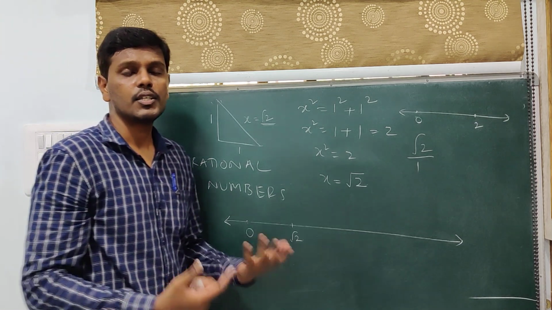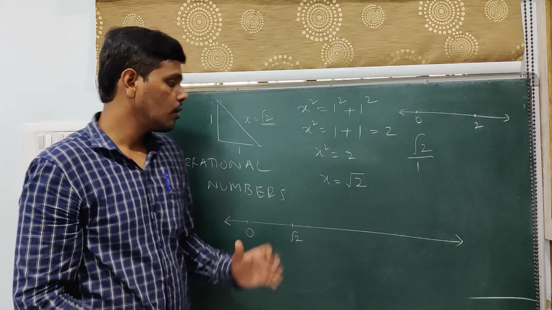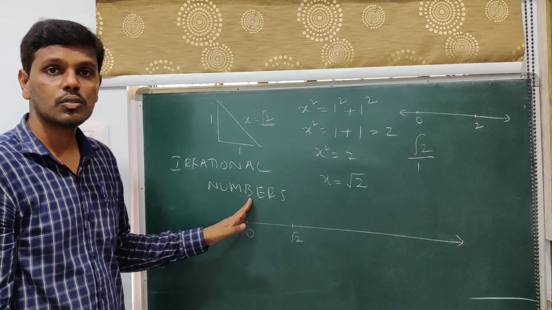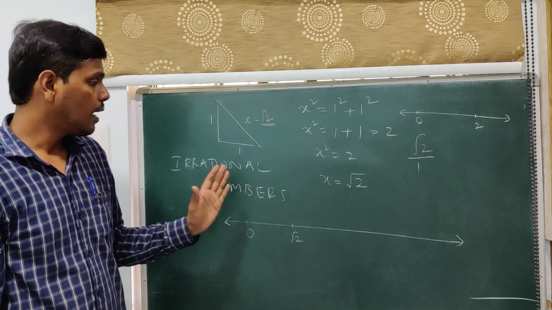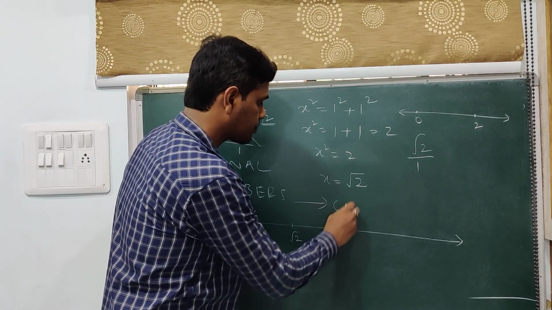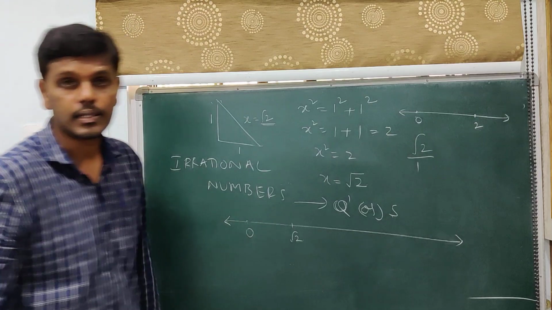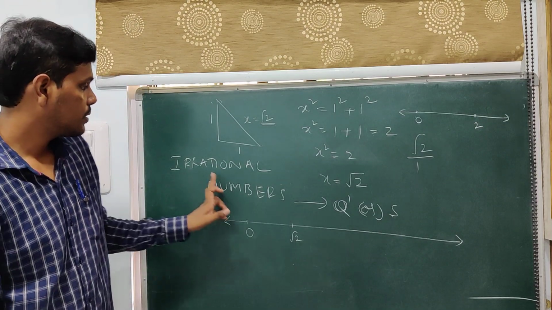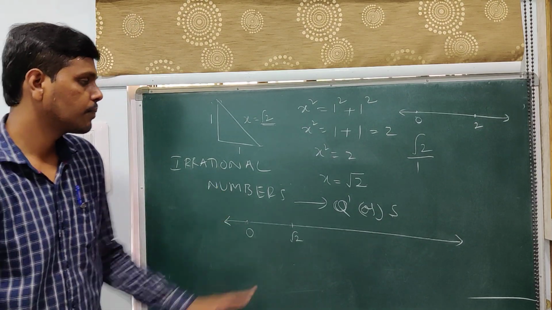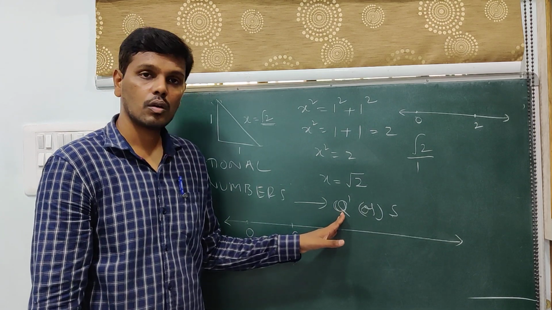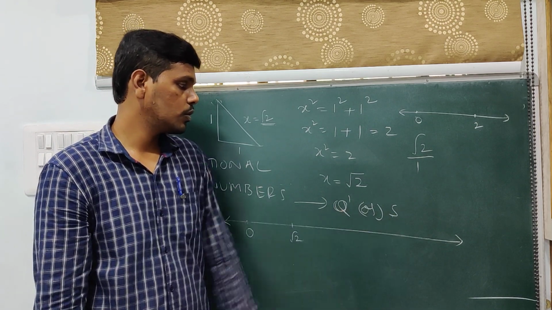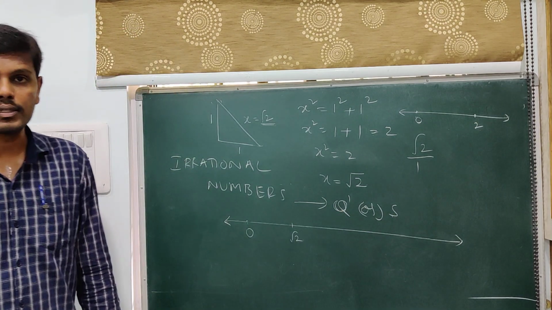Simply put, irrational numbers are those numbers which are not rational, and these are denoted with Q dash or S.